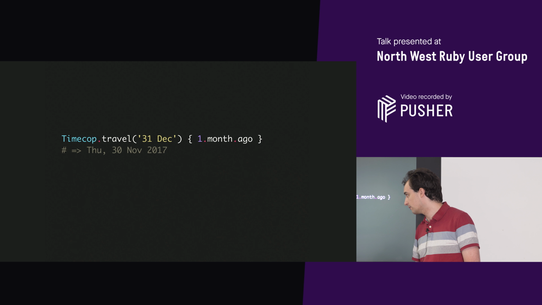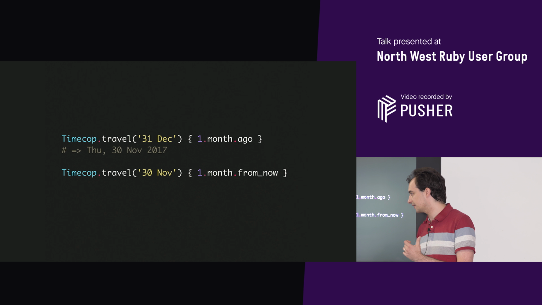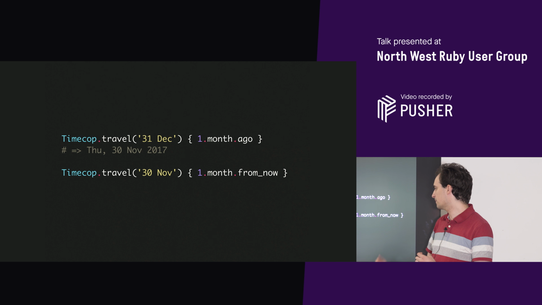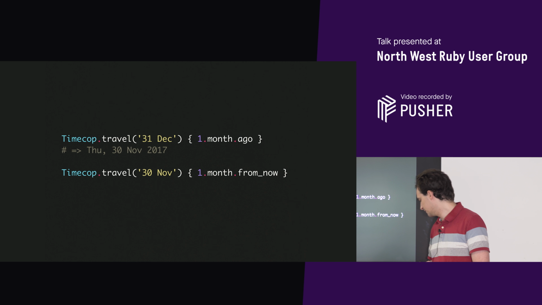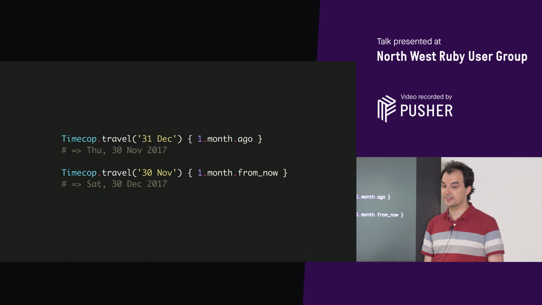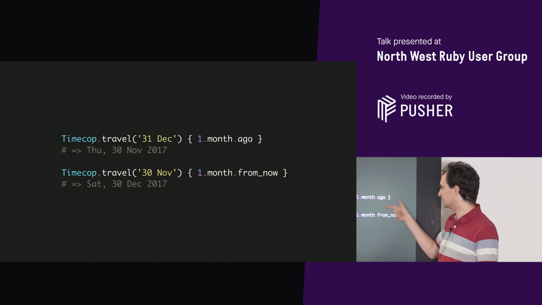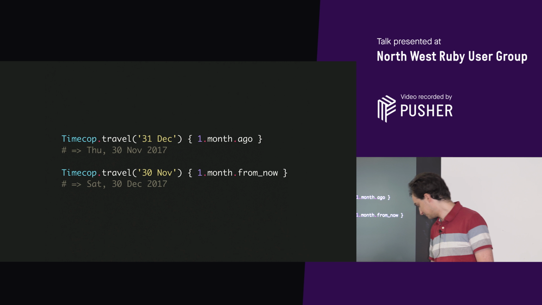So then the problem arises if we try and go forward from that date, because if we go a month forward from the 30th of November, the 30th of December does exist. So unfortunately we can't round trip these values like the ease and simplicity of the syntax would suggest.